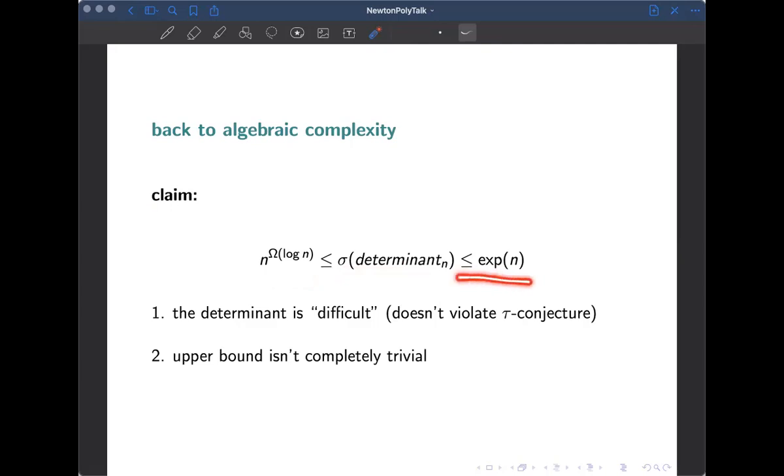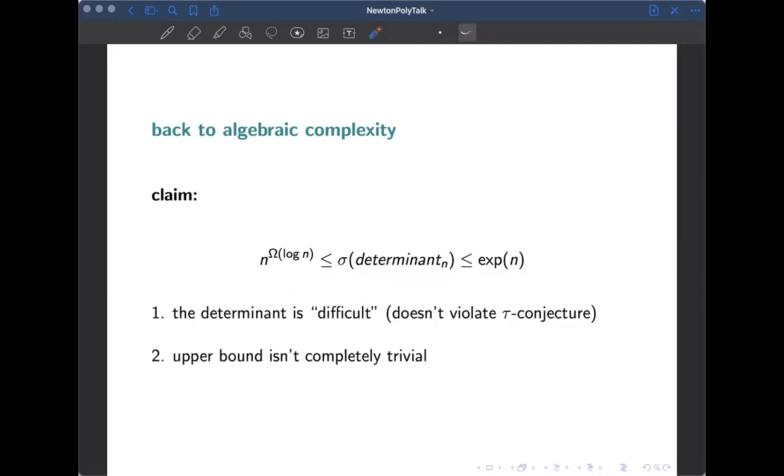This is not very impressive, but it is not trivial in the sense that the determinant has n factorial monomials. So when we project it to the plane, the vast majority of the vertices disappear. The number of vertices becomes tiny compared to the original number. And so these are the best bounds we know on the shadow complexity of the determinant.